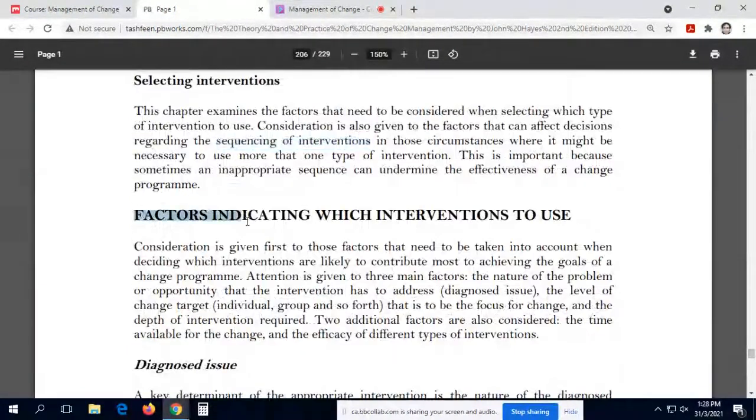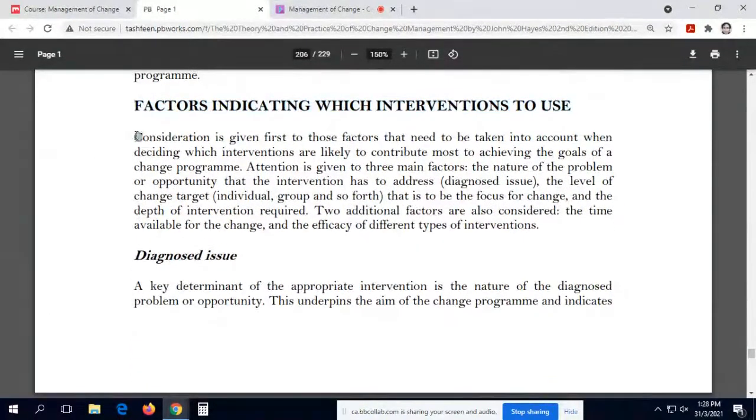Anyways, factors indicating which interventions to use. Okay, this is important, so I'm going to read a little bit from here. Consideration is given first to those factors that need to be taken into account.